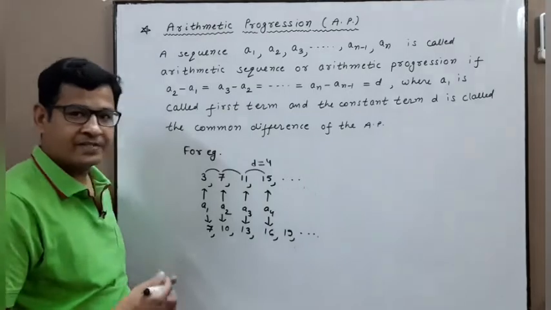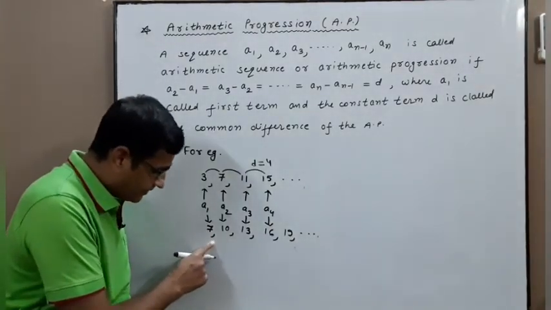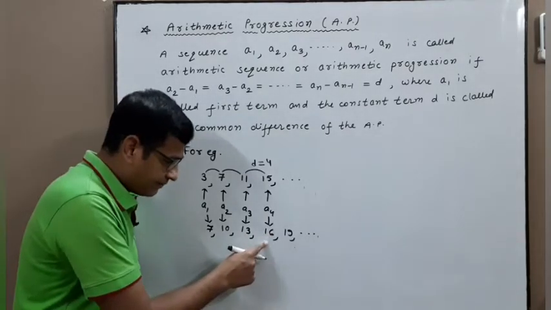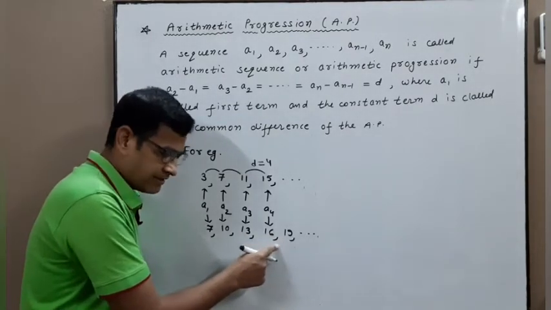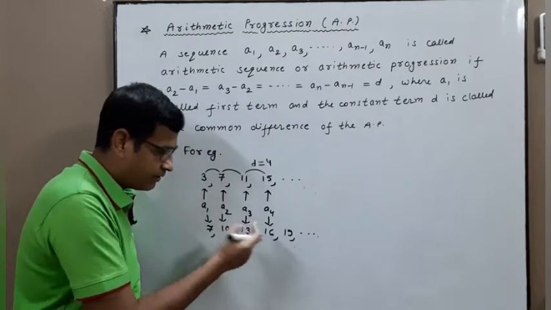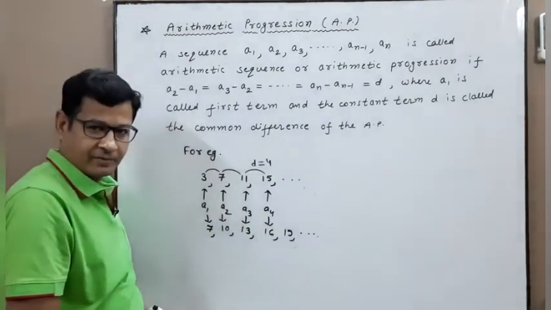Now tell me first term and common difference. So first term is 7, common difference this minus this means 3. This minus this 3, this minus this 3, means A2 minus A1 equal to A3 minus A2 equal to A4 minus A3. Such sequence is called arithmetic progression.